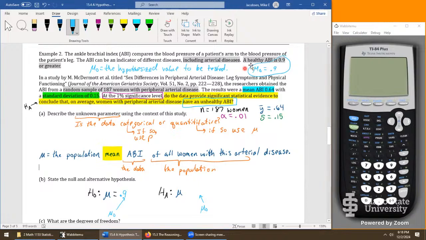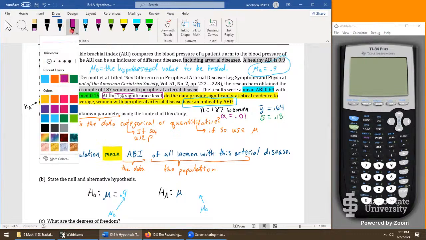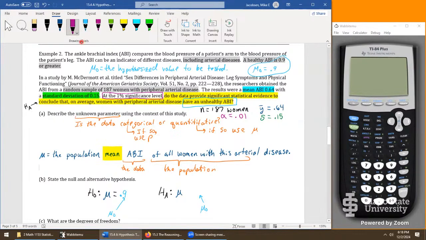Let's see. Healthy is 0.9 or greater. So unhealthy is lower, which tells us this is a left tail test. So we put down, would it be less than or equal to? Just a strict less than. Yeah. So strictly less than 0.9.